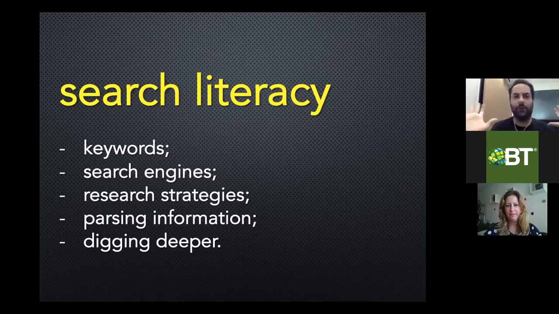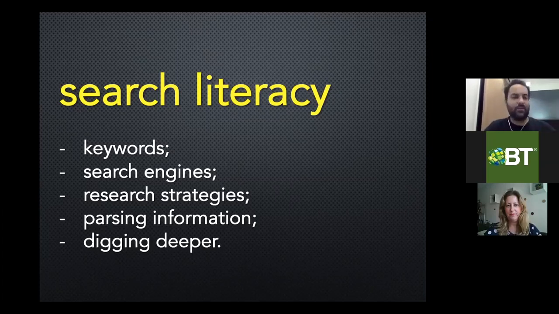Okay, they look for global warming and they bump into, I don't know, 100 entries. So how do they click on something that is going to be relevant to them? Because they're not going to read everything or all the websites they find. So they need to be able to look at those descriptions they find under each website to be able to decide if they should click on something or not, right?